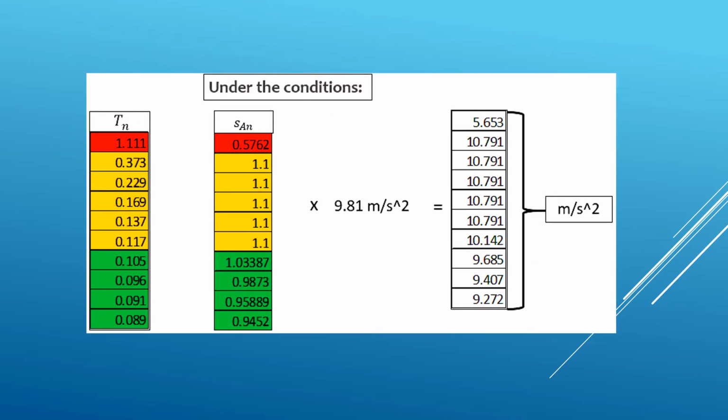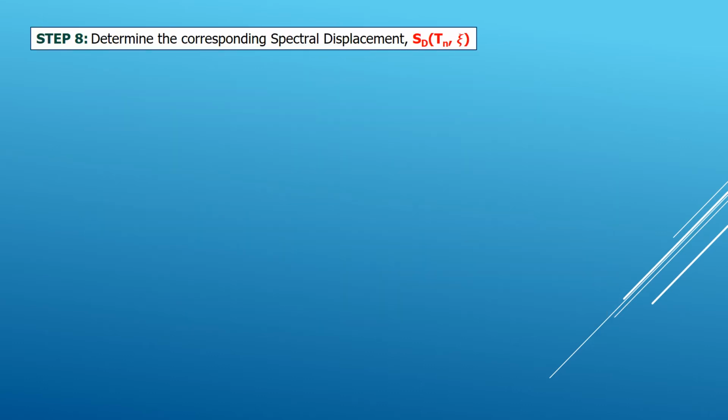So, under the conditions, ito na yung result. Naka-color coding siya. Next is the result SA will be multiplied to 9.81 meter per second squared. Then it is the spectral acceleration with the unit of meter per second squared.